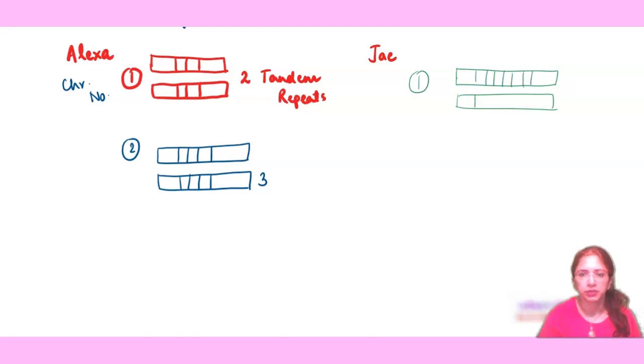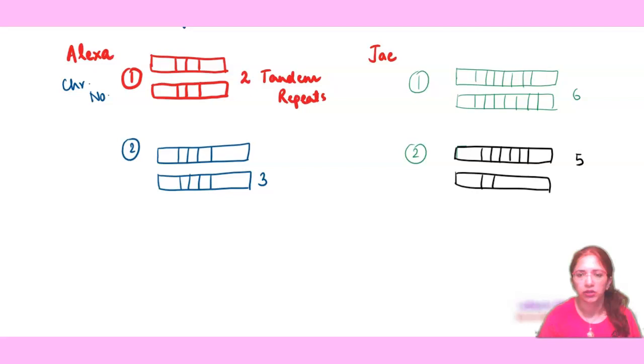Similarly, you will be making 6 blocks here, and suppose this Jack has 6 tandem repeats on chromosome number 1, whereas on chromosome number 2, let me take another color, and suppose on chromosome number 2 he just has 5 tandem repeats. Okay, so this is the pictorial representation of tandem repeats.